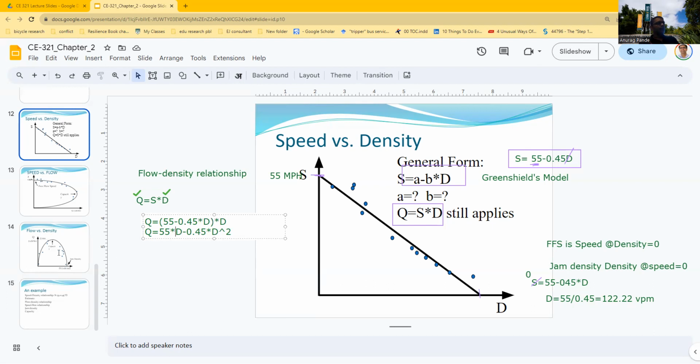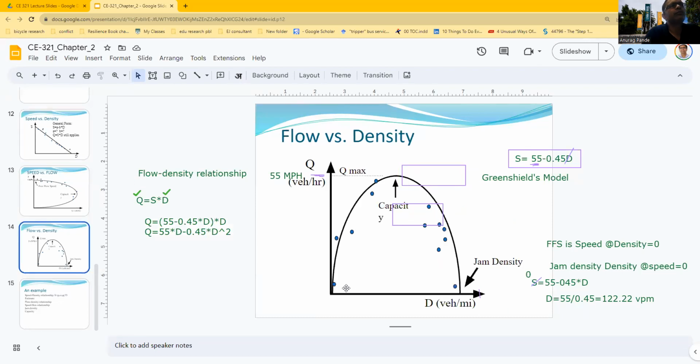Now, if you look at slide number 14 here, and if I could go back to my annotations, I'll take out some of these annotations from last time.